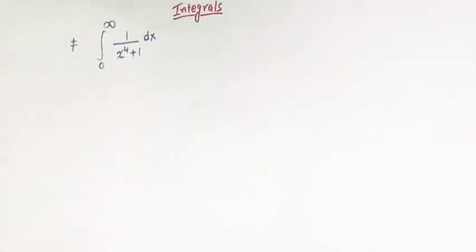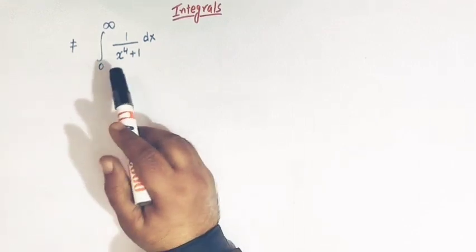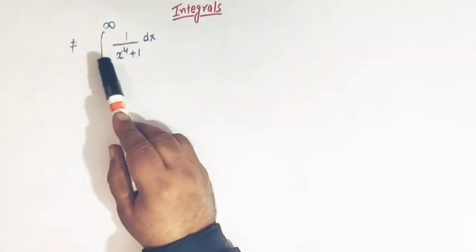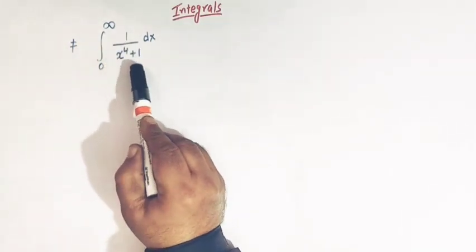Hello viewers, in today's class we are going to discuss one important problem from integrals, right? And in this class we are going to discuss this integral which is 0 to infinity, and the integrand is 1 over x raised to 4 plus 1.